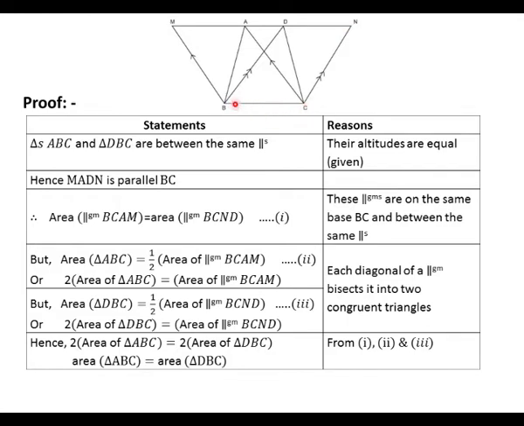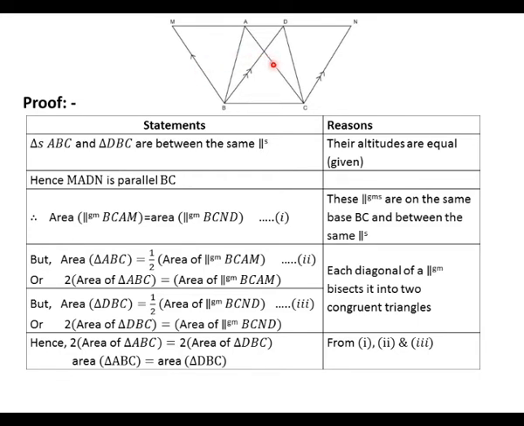Now, if you look into the diagram, this is BCAM. This is now a parallelogram. Why is it a parallelogram? Because we know that AM and BC, these both lines are parallel, and in the construction we said that MB is parallel to CA.